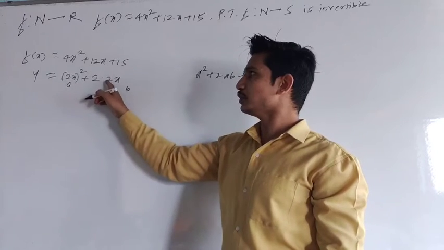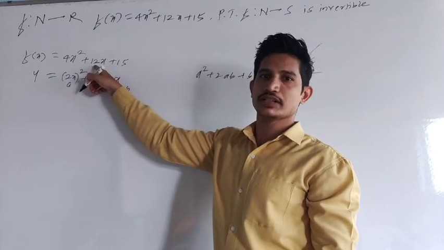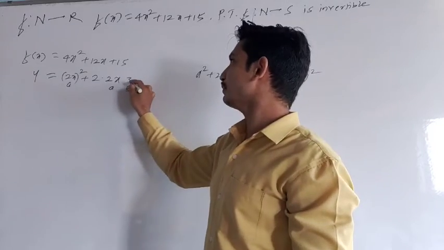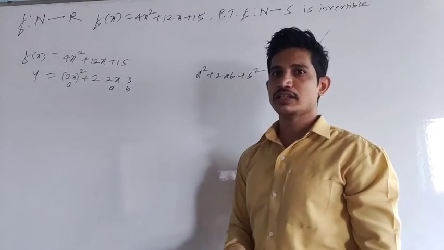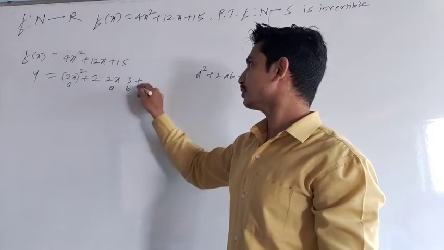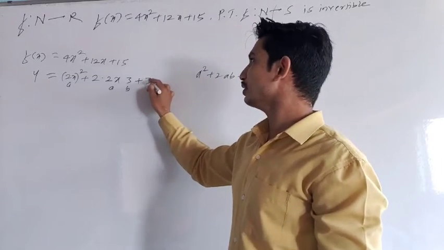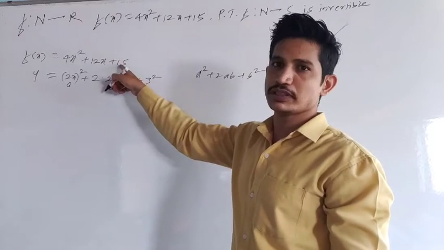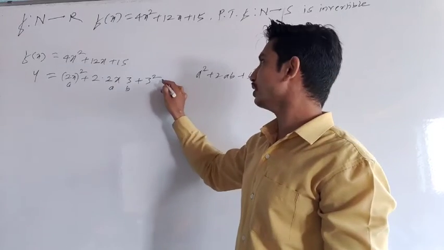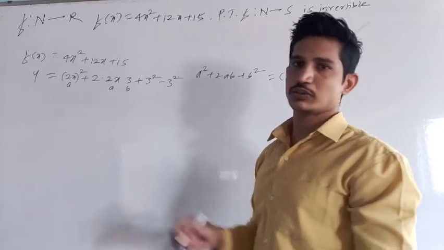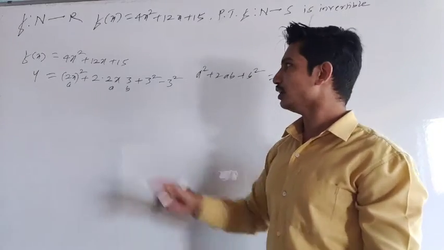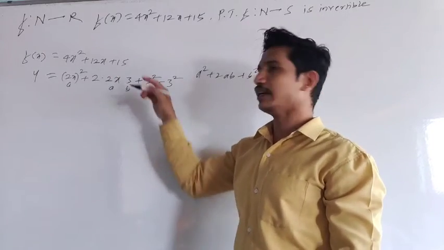Now plus b square, that means 3 square. But 3 square is not present here. If it is not present here, write minus b square.